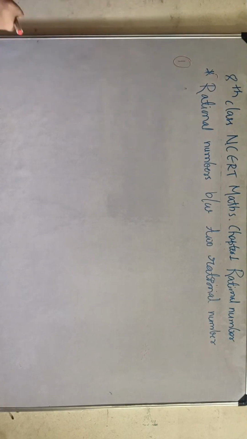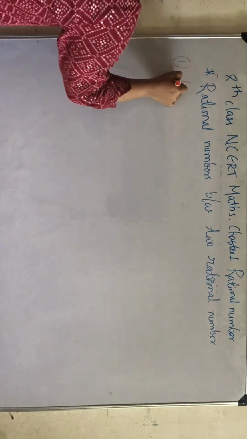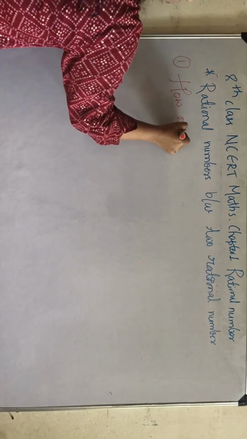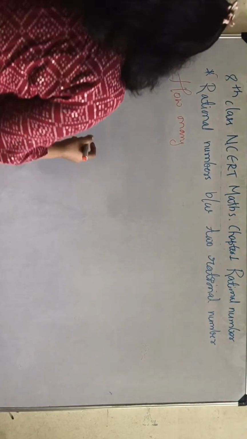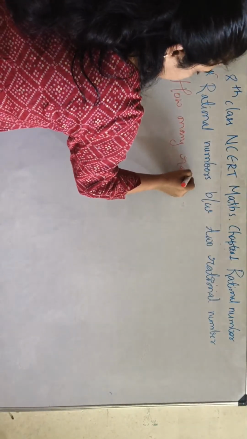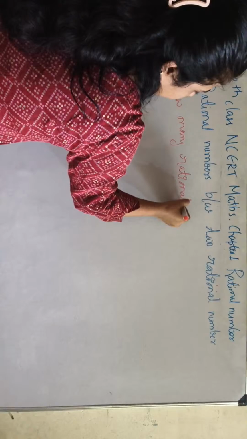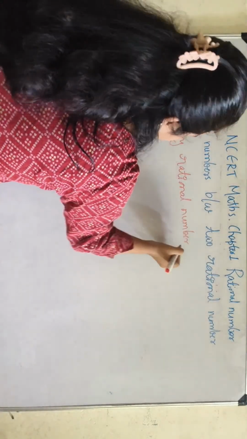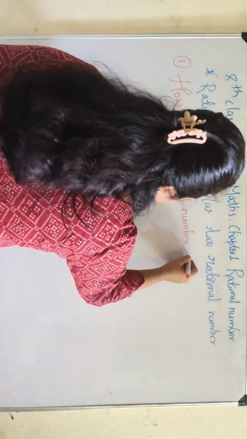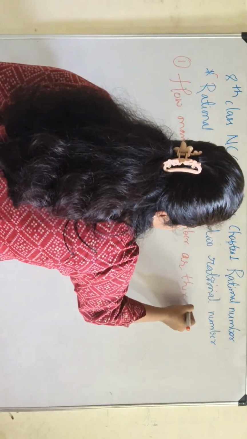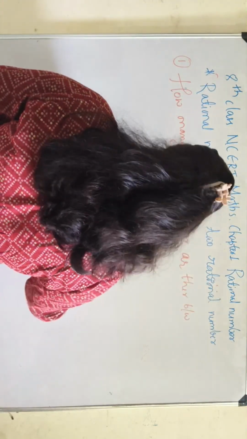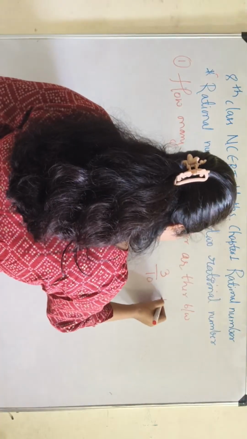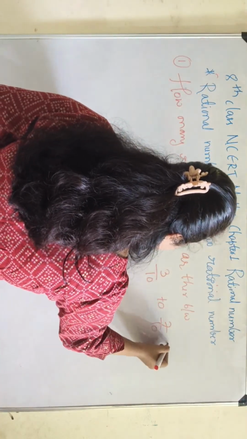Here I will ask one question. How many rational numbers are there between 3 by 10 and 7 by 10?